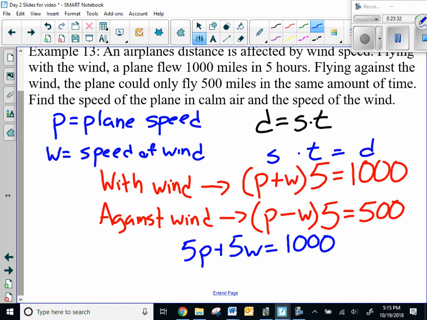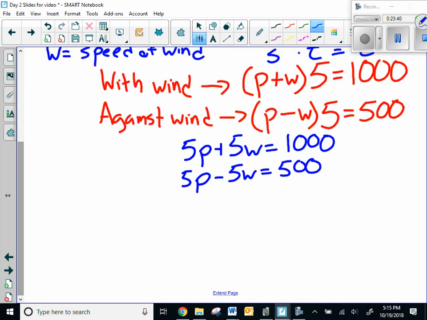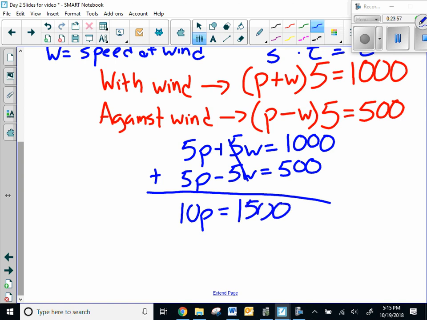If we distribute for against the wind, we'll get 5p minus 5w equals 500. And notice here, elimination is going to be really easy. We don't even need to multiply by anything because these w's are already opposites. If we add those up, 10p, the w's are going to eliminate, equals 1,500.